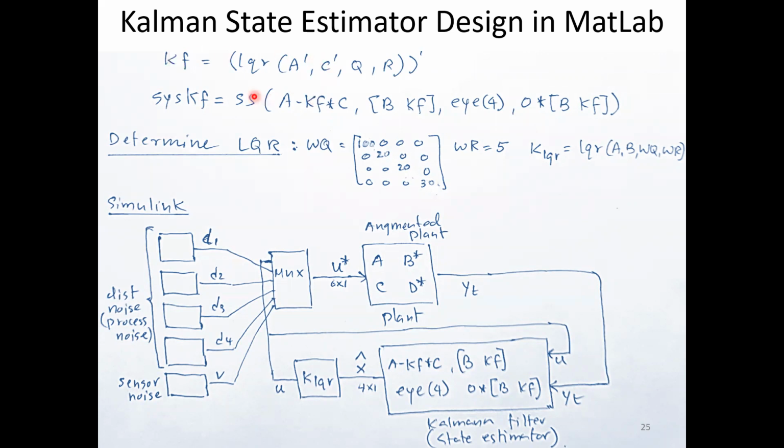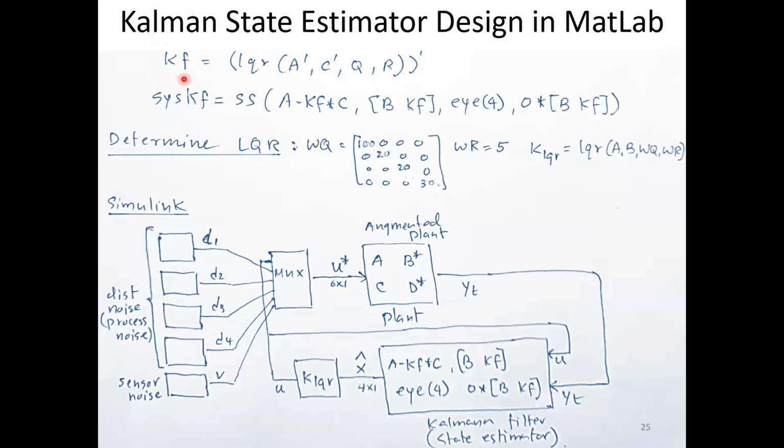Okay, you generate the Kalman filter in MATLAB, and then after that you generate the Kalman filter system. This is a slightly different version of just KF, right? You transform this into a state space model using the SS command. The block diagram, or the transfer function, can be represented as a state space model also, right?